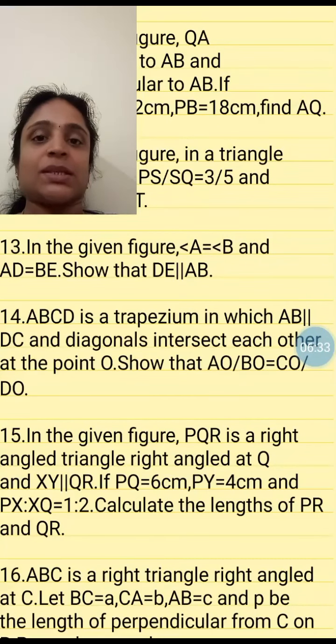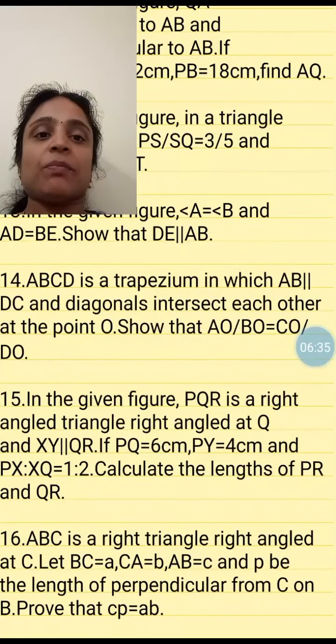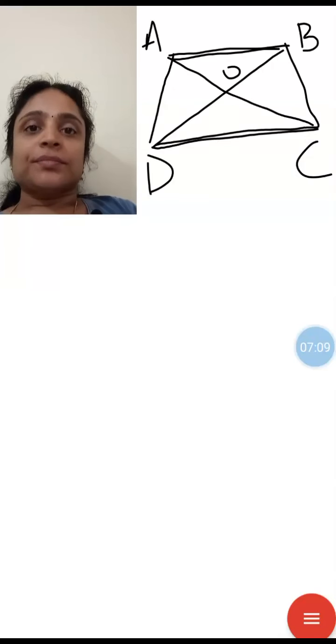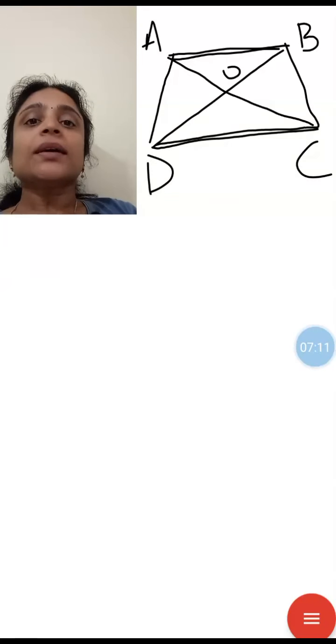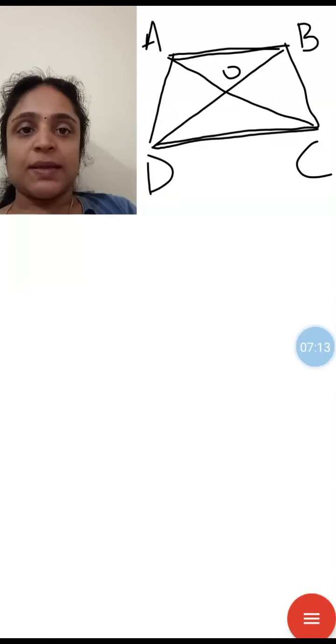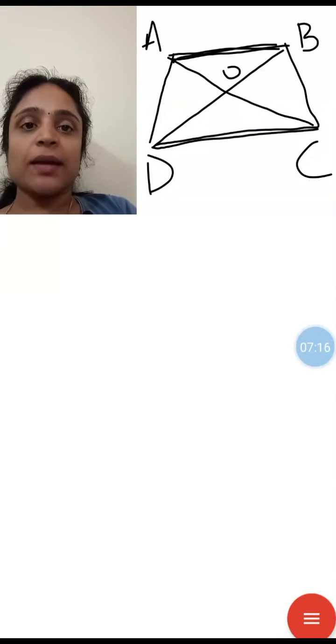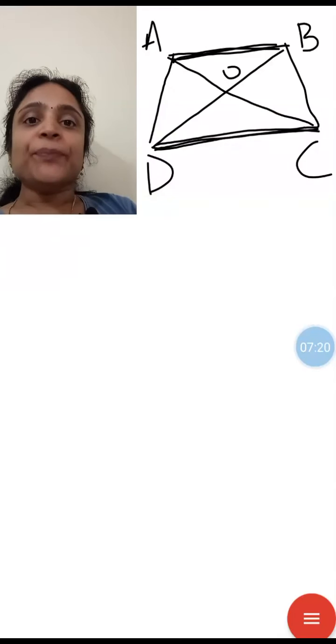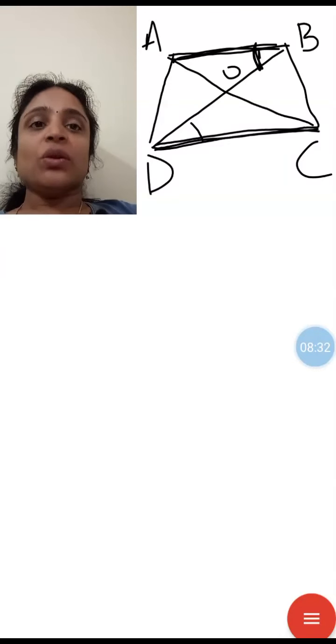Next question. ABCD is a trapezium in which AB is parallel to DC and diagonals intersect each other at the point O. Show that AO by BO equal to CO by DO. Okay. Here in this trapezium ABCD, given that AB is parallel to CD.